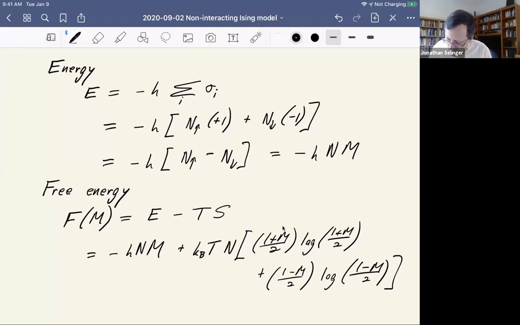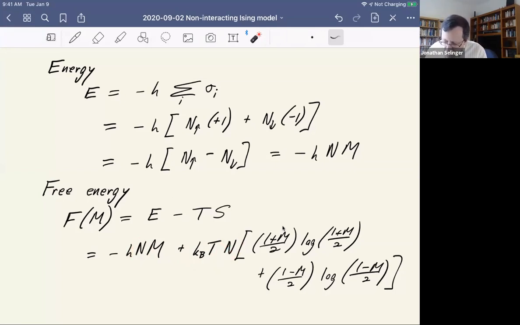And in many cases, well, I should say this free energy depends on a couple of things. One thing that it depends on is temperature. Another thing is magnetic field. And then it's proportional to the number of sites in the system.